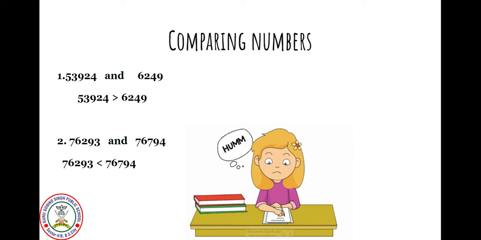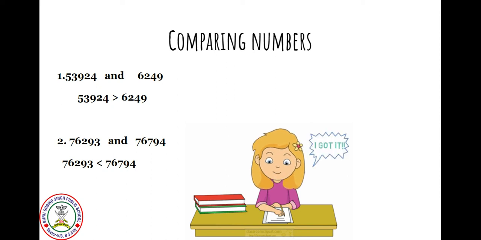In another case, if two numbers have same number of digits, then start comparing from extreme left place. Let us take an example: 76,293 and 76,794.